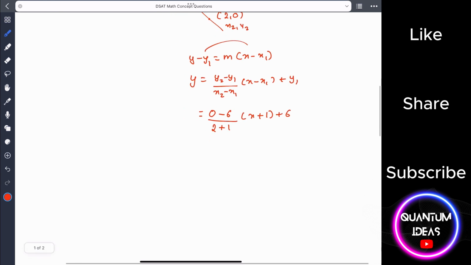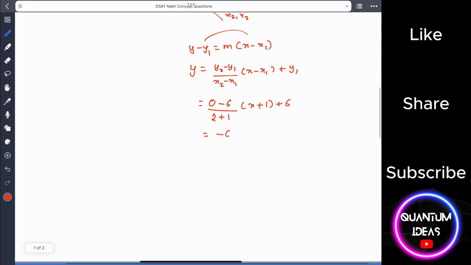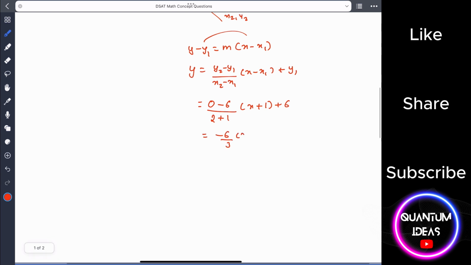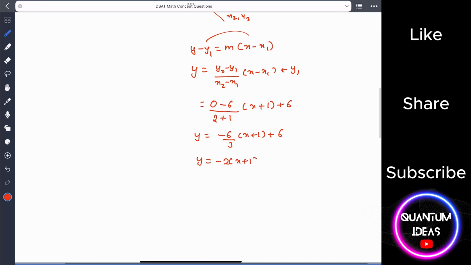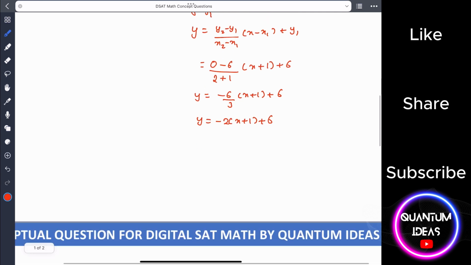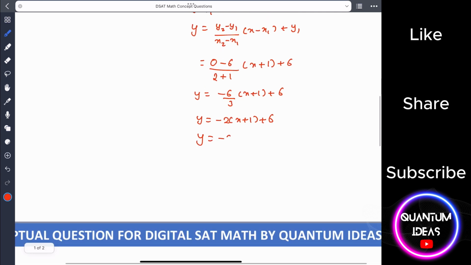So this equals -6/3 times (x + 1) plus 6, so y equals -2(x + 1) + 6. Let's open the bracket: y equals -2x - 2 + 6. So our equation is y = -2x + 4. This is the equation of the line.